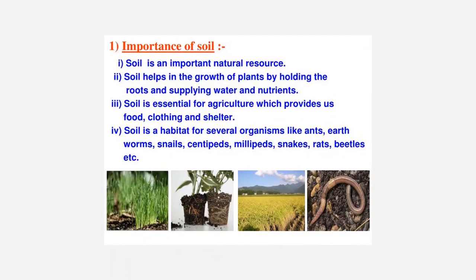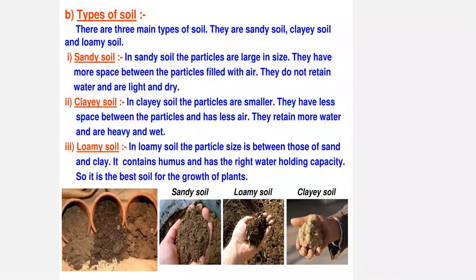Importance of soil, as we have seen yesterday: soil is an important natural resource. Soil helps in the growth of plants by holding roots and supplying water and nutrients. Soil is essential for agriculture, which provides us food, clothing and shelter. Soil is a habitat for several organisms. This we already learned; I am just summing up. The types of soil we have learned are sandy soil, clayey soil and loamy soil.